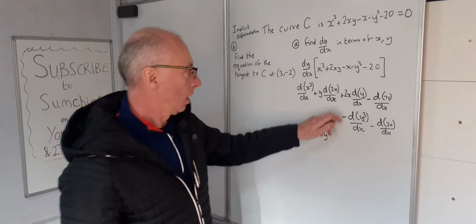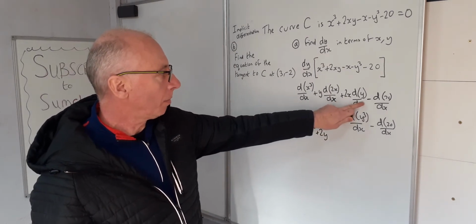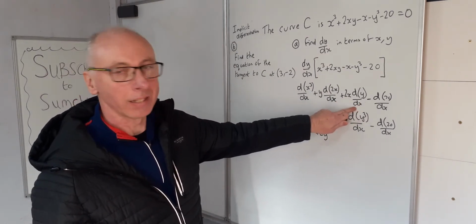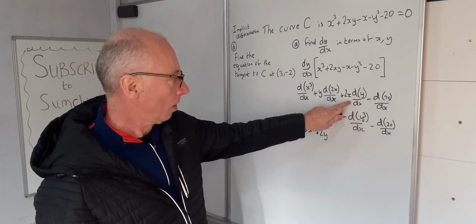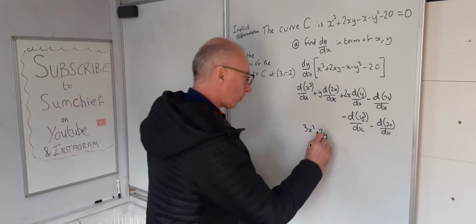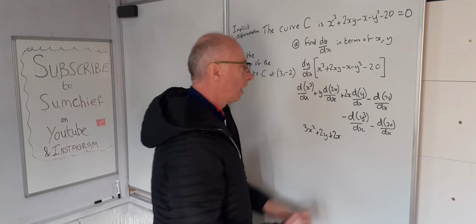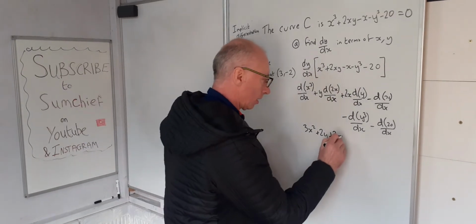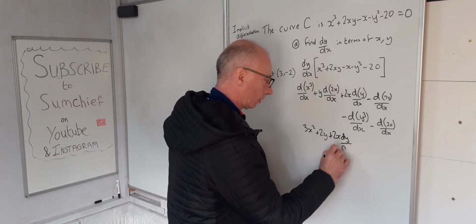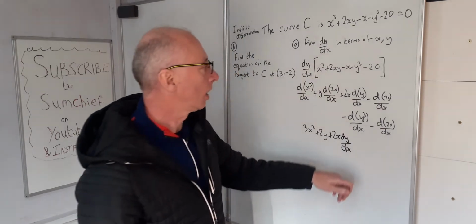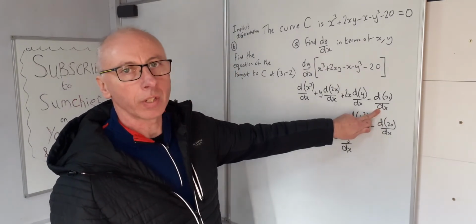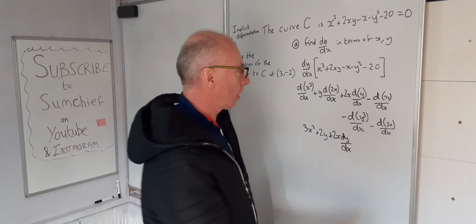Next we've got 2x multiplied by the derivative of y, dy/dx, so we add 2x and leave the dy/dx in. Then the derivative of x with respect to x is just 1, so that's a minus 1.